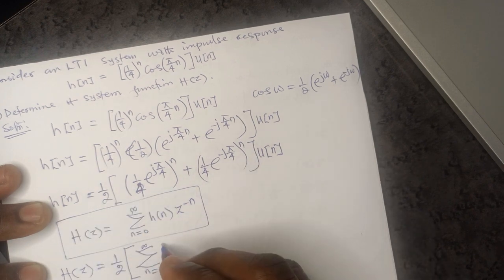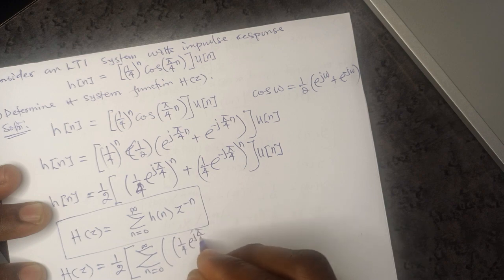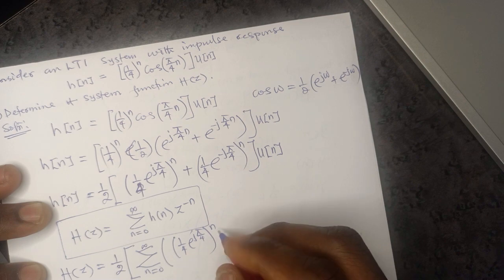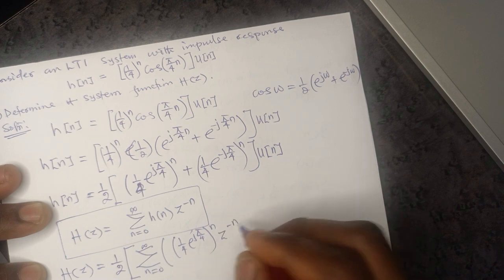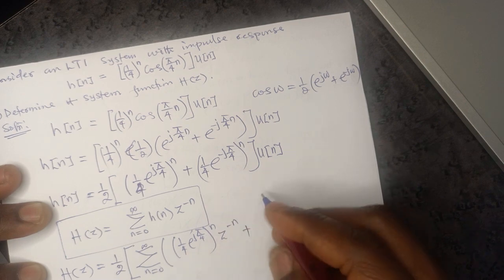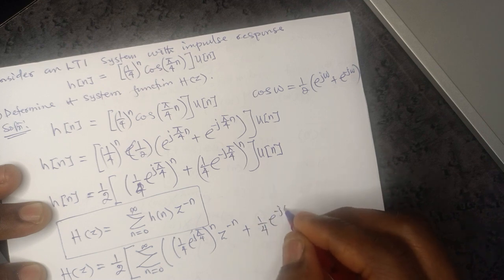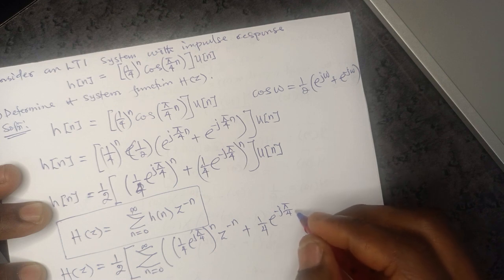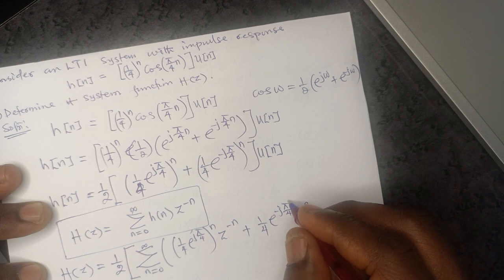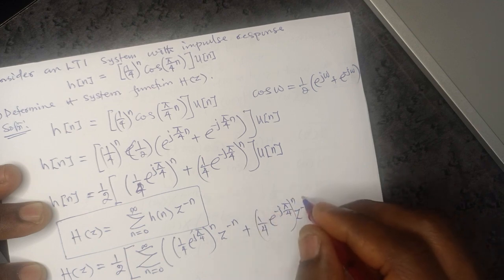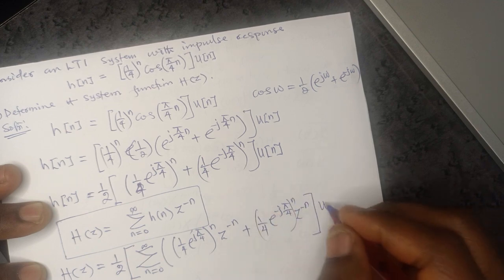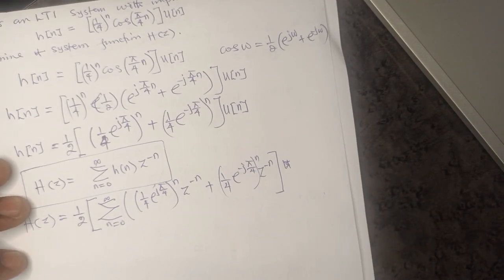Then we apply it to everything: (1/4 e^(jπ/4))^n z^(−n), plus (1/4 e^(−jπ/4))^n z^(−n). So we have converted it to the z transform like that.